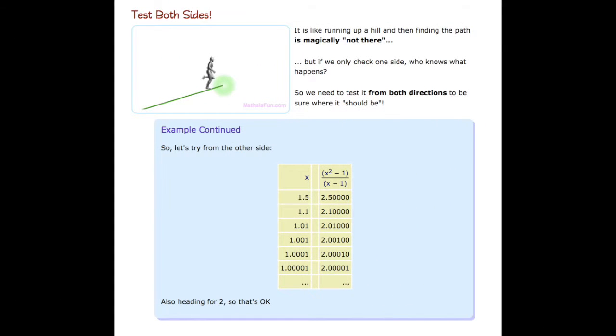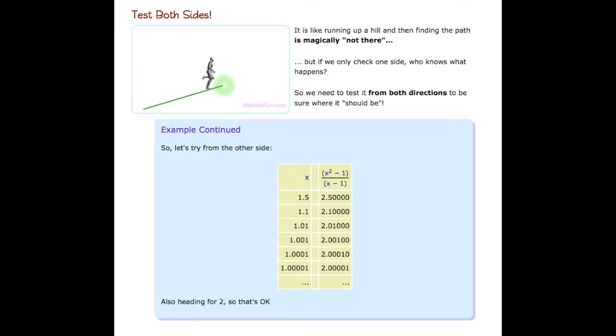It is like running up a hill and then finding the path is magically not there. But if we only check one side, who knows what happens? So we need to test it from both directions to be sure where it should be.